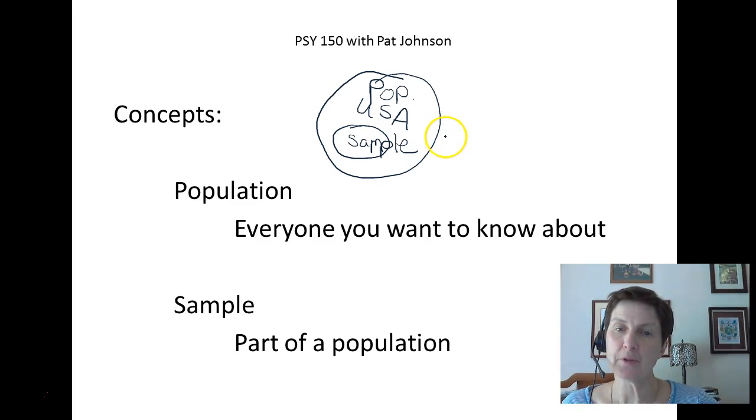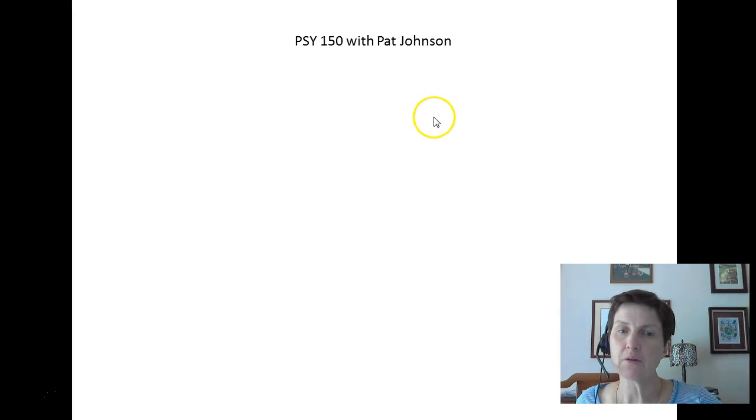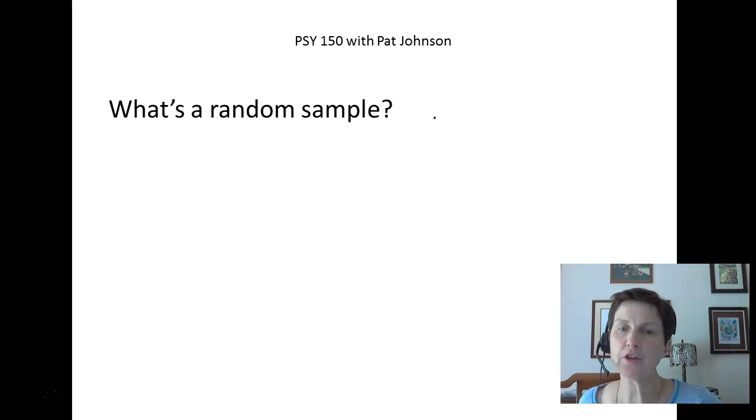Would that be a good sample? Well, of course not. North Carolina is just one state in the nation, and we may not be representative of everybody in the United States. So what we could do is ask a random sample.